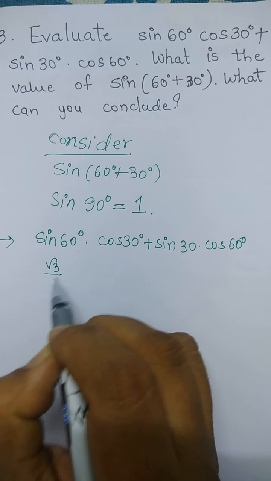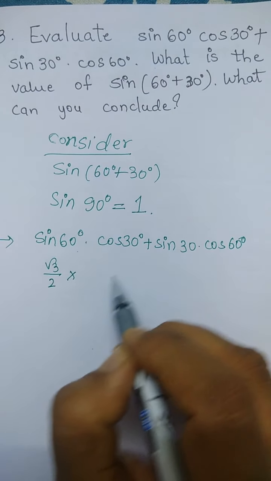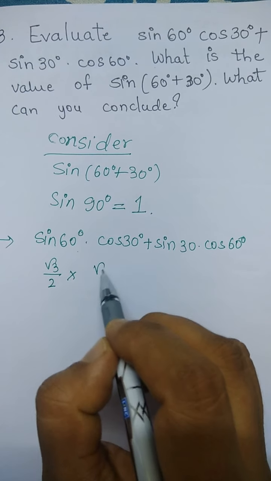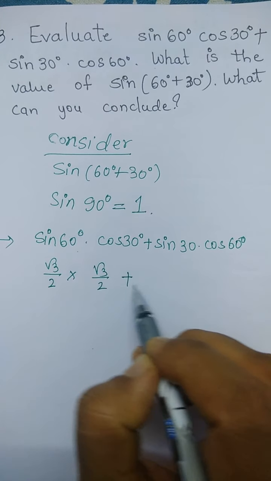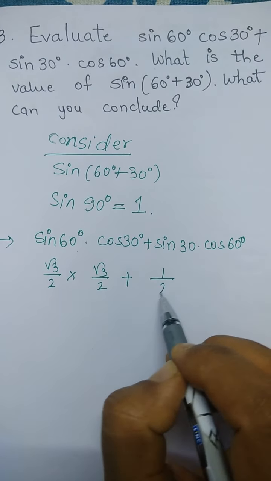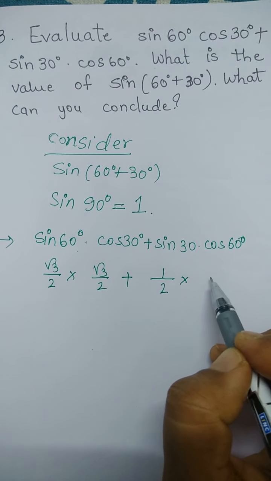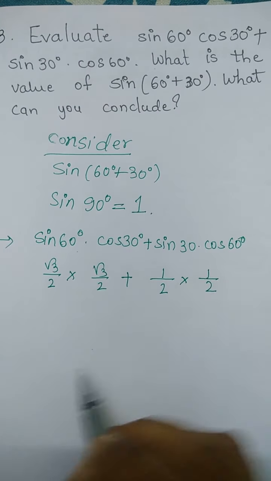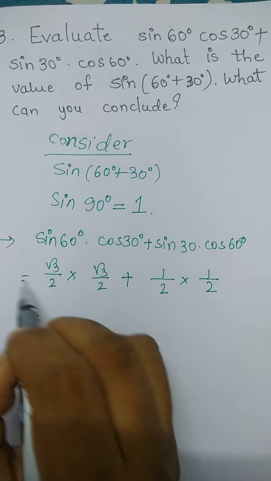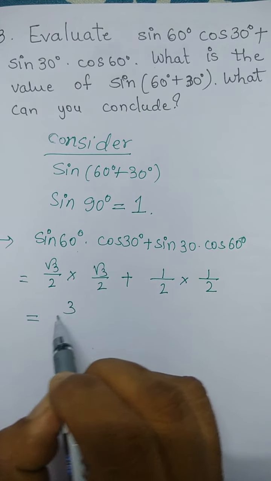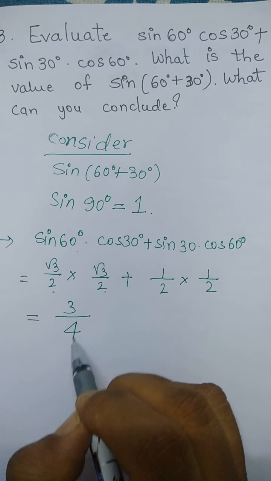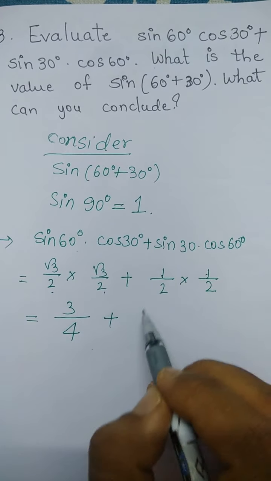It is root 3 by 2, into cos 30 degree value, again root 3 by 2, plus sine 30 degree value 1 by 2, into cos 60 degree value 1 by 2. So root 3 into root 3 will become 3, 2 twos are 4, plus 1 ones are 1, 2 twos are 4.